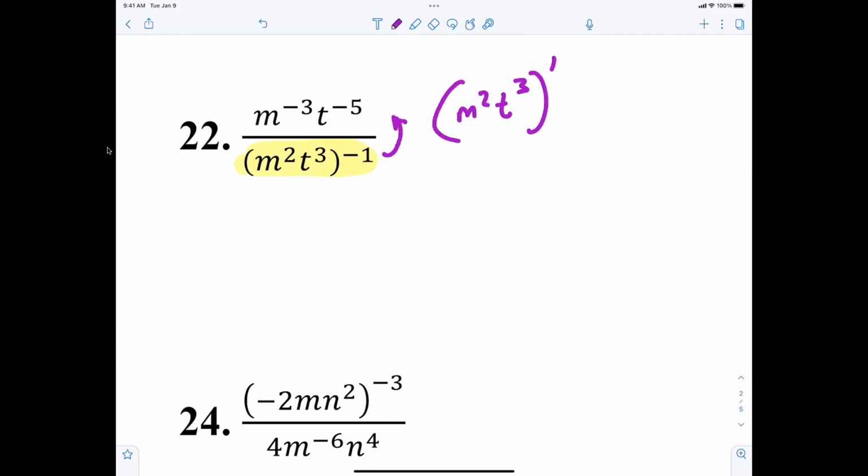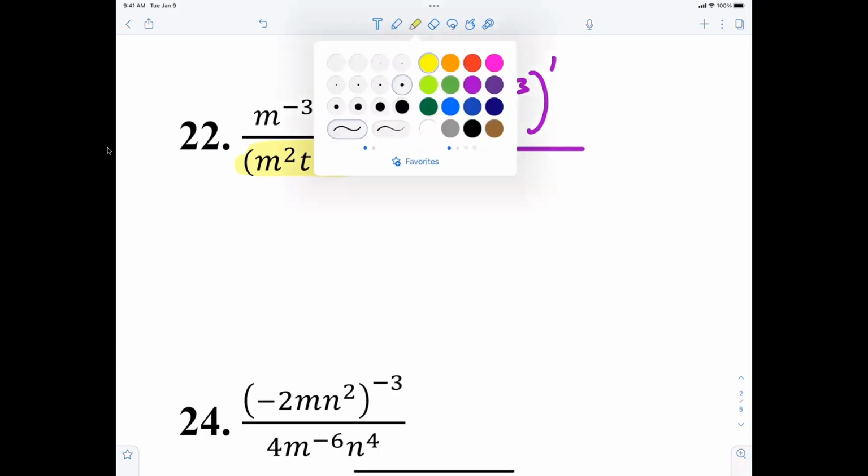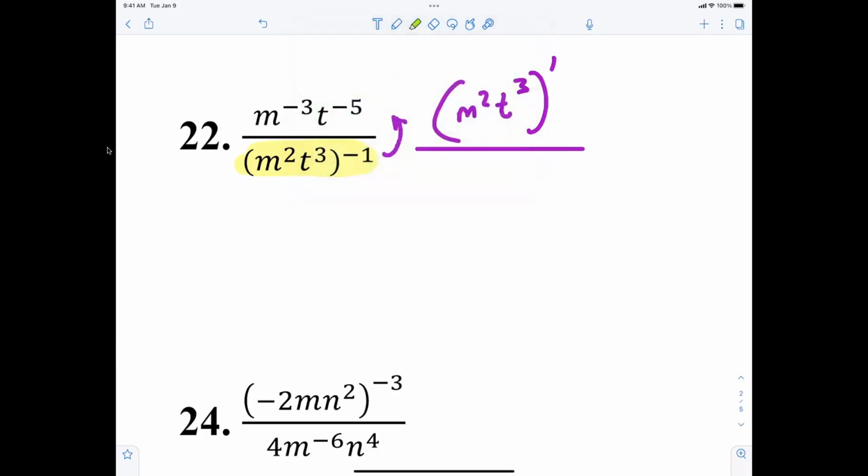Yes, so you move it. Now, all of the information on the top has negative exponents, so all of those must move to the bottom. So that's m cubed and t to the 5th.